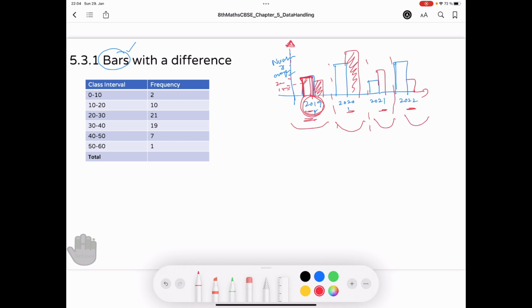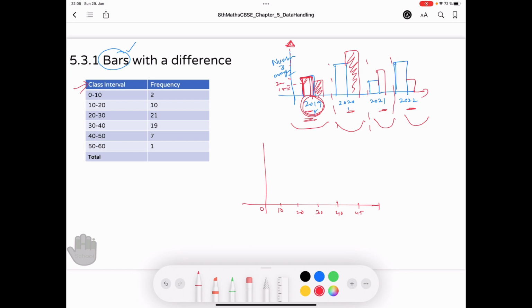But there can be continuous class intervals, for which we draw a bar graph with a difference. For example, here this is 0 to 10, 10 to 20, 20 to 30, 30 to 40, 40 to 45, 45 to 50, 50 to 60, when the data is of continuous nature and the class intervals are continuous.